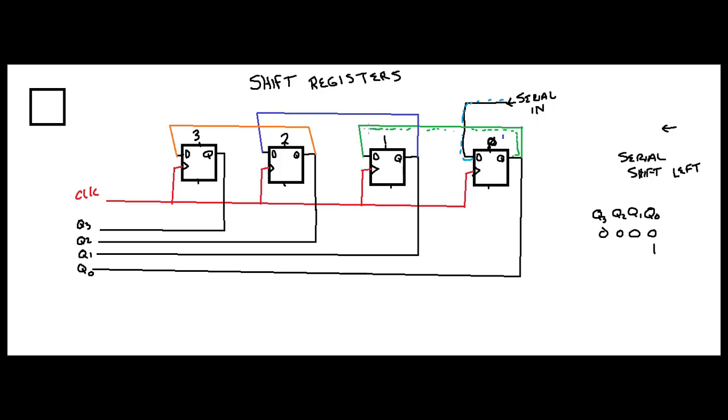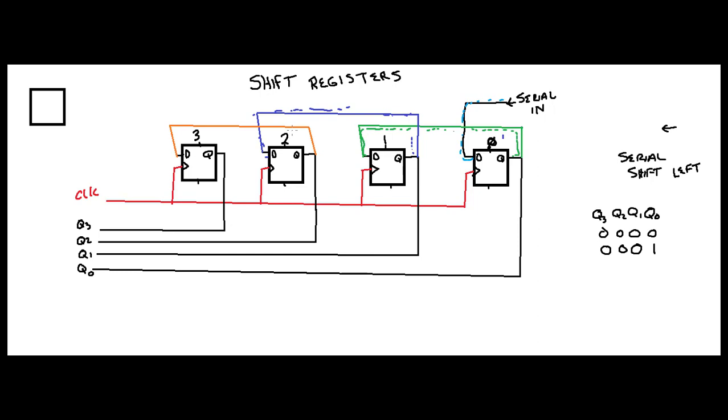Just follow this green line all the way. Now it goes to the input, and that's Q1, so that's going to be a 0, isn't it? Now you can use the same logic for this one. Your output from Q1 is going to come up here, going to go down right in here, going to be a 0. And the same thing for Q3. Just follow the orange all the way around.